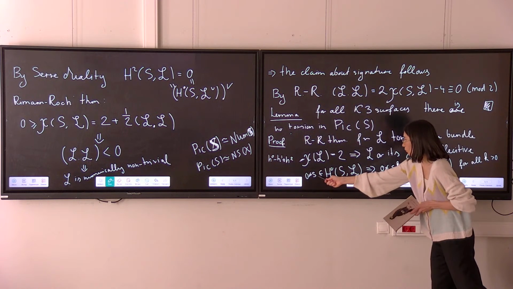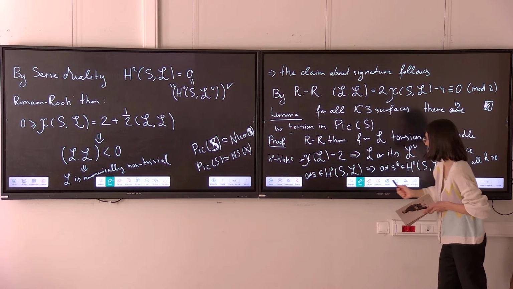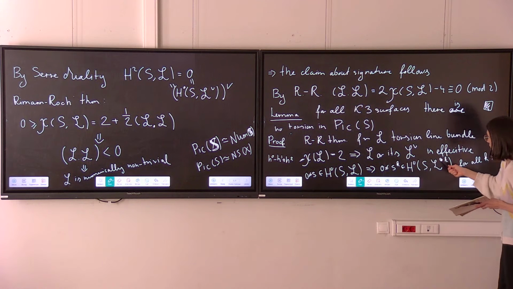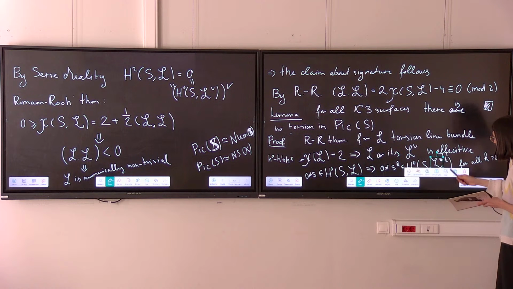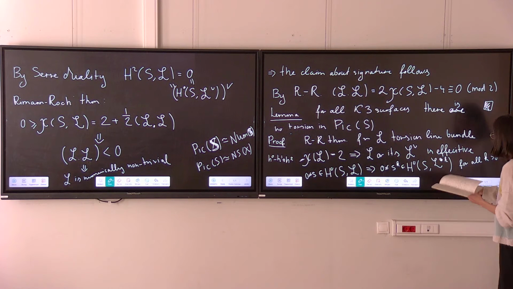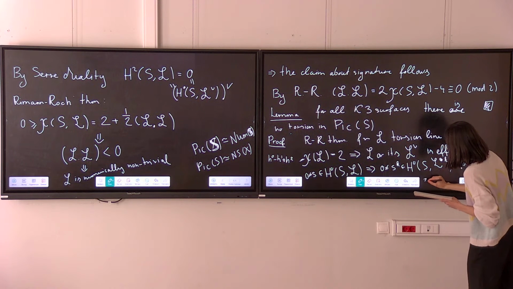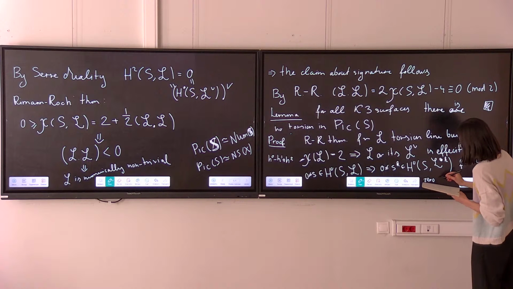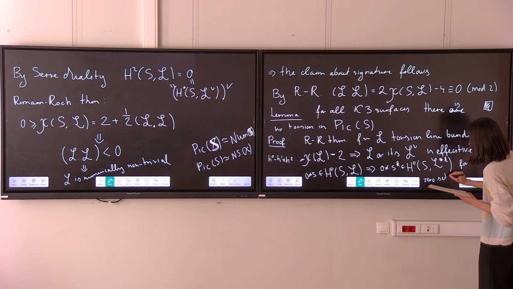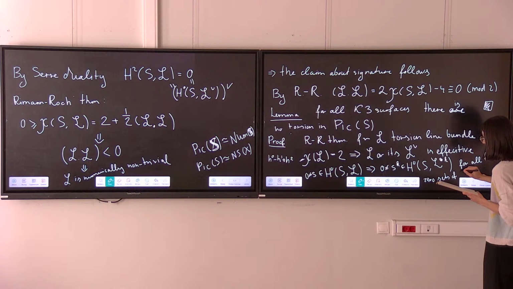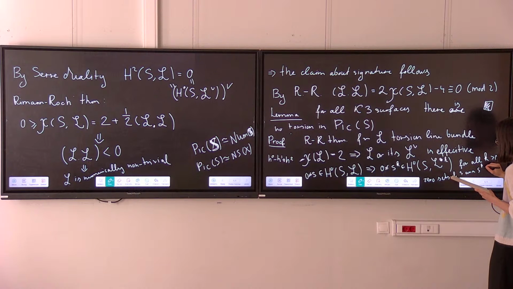Now suppose we have a section of L, then we have non-zero sections for all powers of L. Yes, and moreover, the zero loci, zero sets of the section and its powers coincide.